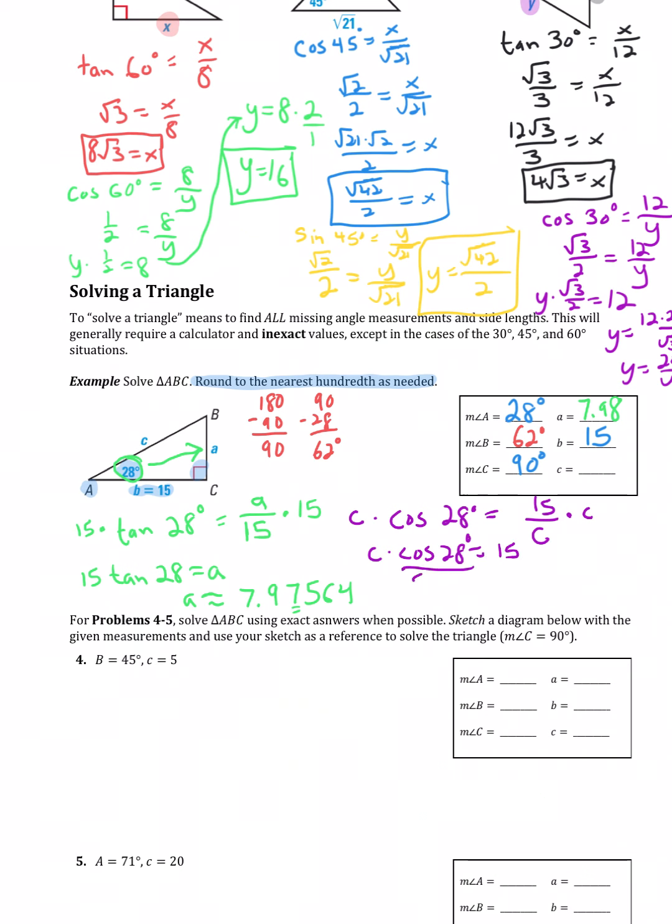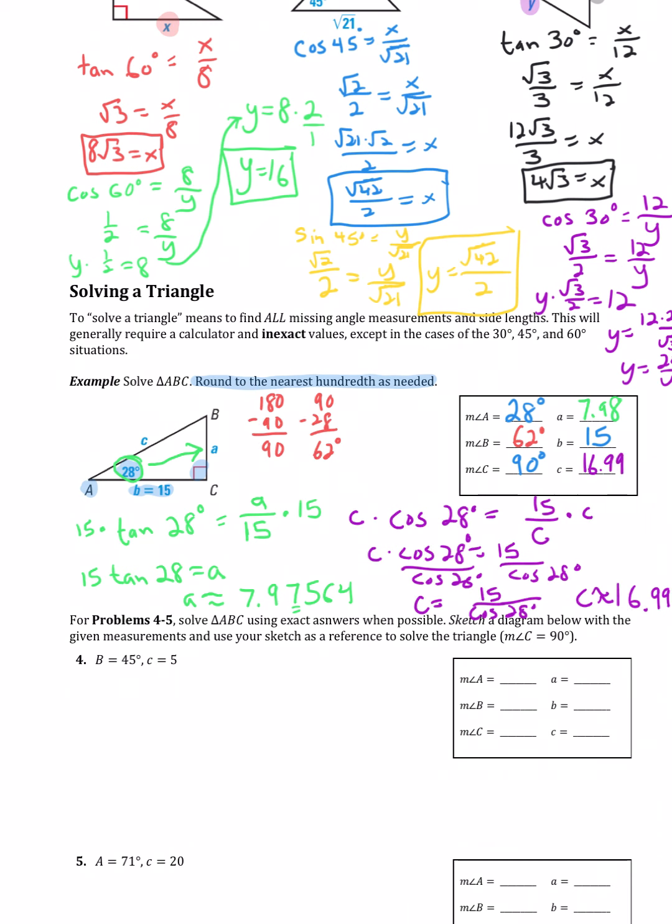And then to get C by itself, I have to divide both sides by cosine of 28 degrees. So I get C equals 15 divided by cosine of 28 degrees. And that's what I'd put into my calculator. I end up getting C equals approximately 16.99, rounded to the nearest hundredth.